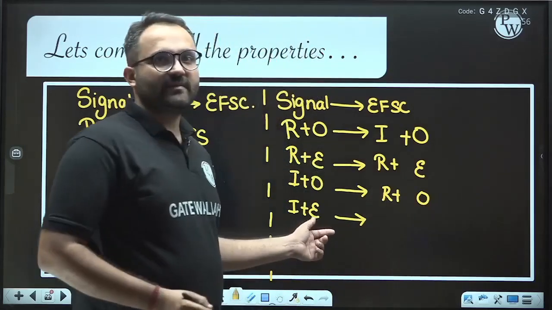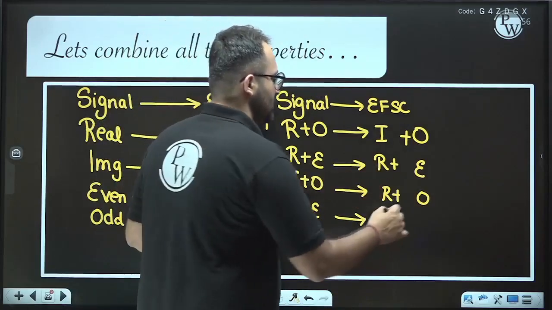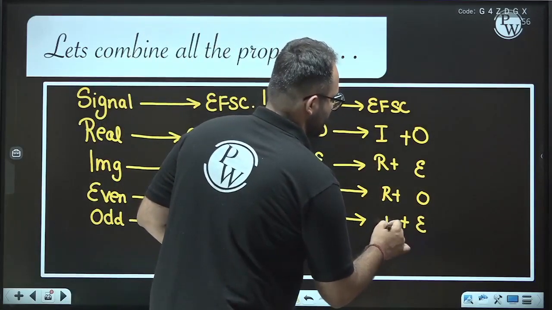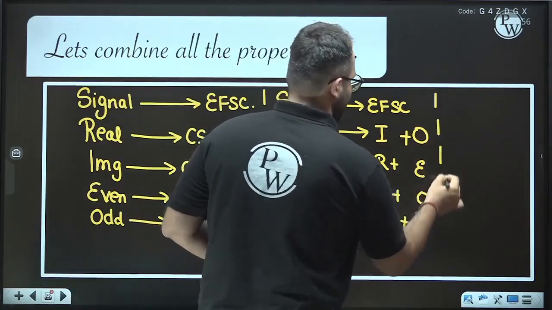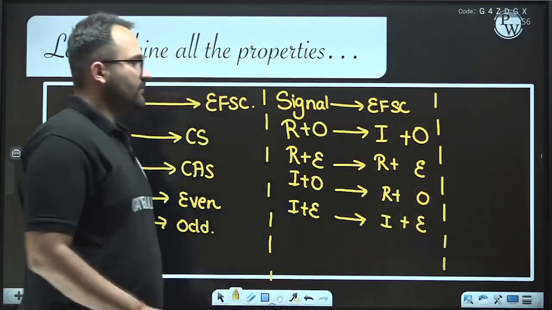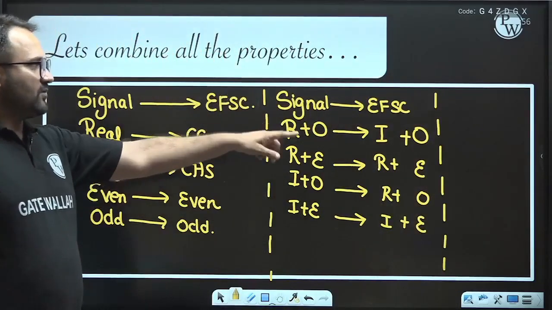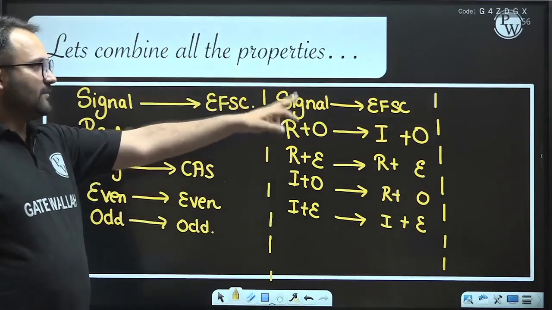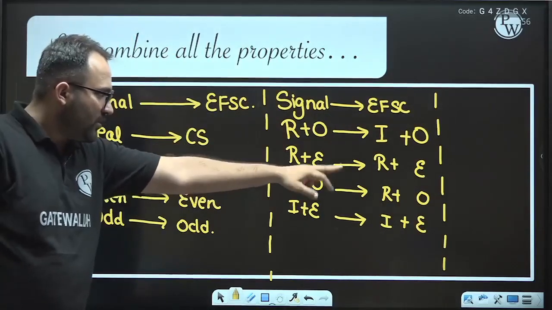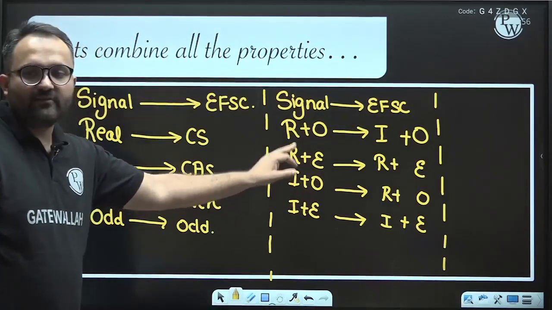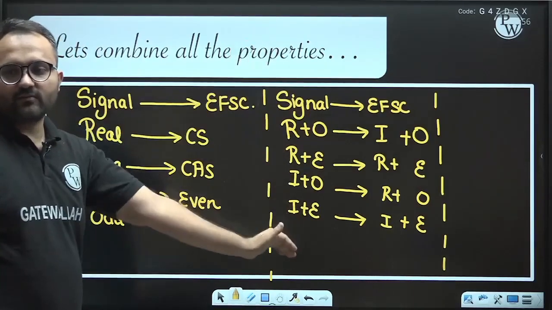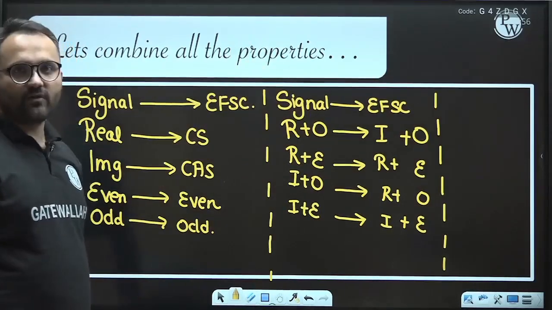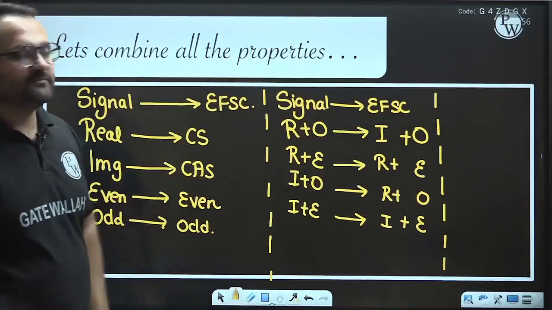Last, imaginary and even will give us even, and it will not change the format either. So always remember, odd will give odd but change the format: real will become imaginary, and imaginary will become real. Like this you can remember these properties.